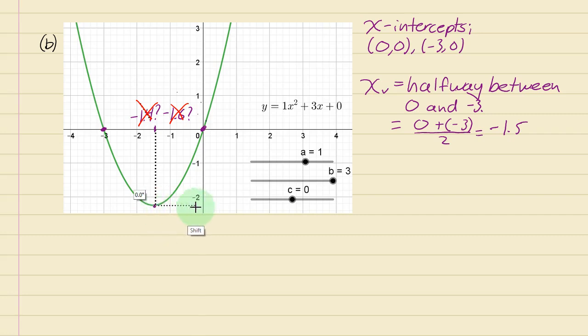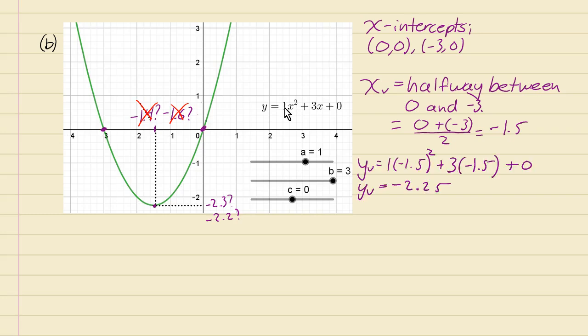And then once you have that and you want to know the y coordinate, it's a little hard to tell from right here exactly what that is. Is that -2.3, -2.2? I don't know. Let's actually figure it out by taking this x coordinate of the vertex and plugging it in here.